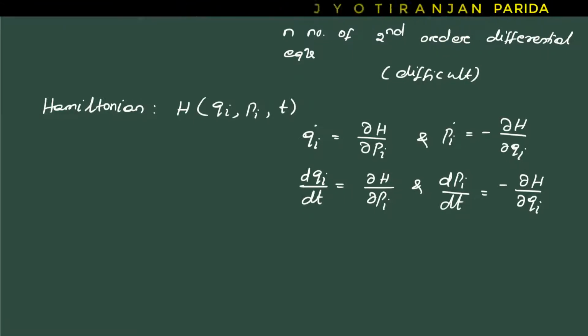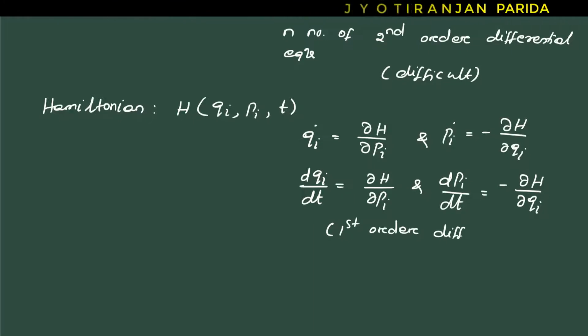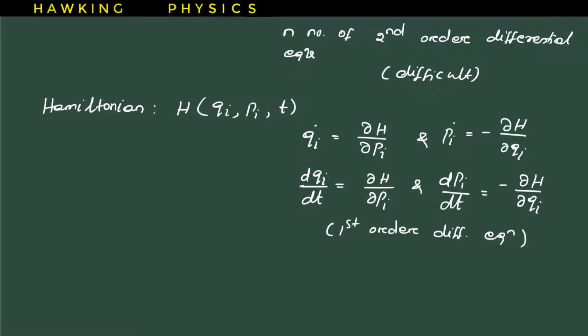Here we have to solve a first order differential equation. Yes or no? First order differential equation, which is easier than Lagrangian. Yes or no? So use Hamiltonian instead of Lagrangian dynamics.